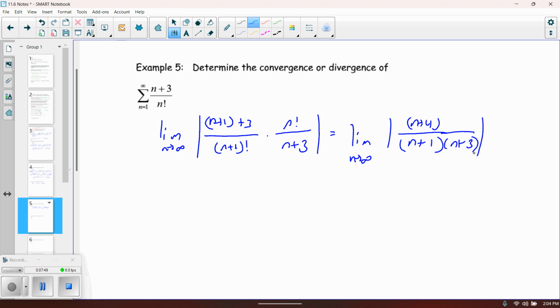Just know that I've got a polynomial over a polynomial at this point, and what we have is an n divided by an n squared as far as our dominant terms are concerned, so the denominator will grow faster than the numerator as n goes to infinity, which means that this one will approach 0, which is definitely less than 1, and it is important to state that part in every problem. Therefore, this one is convergent.